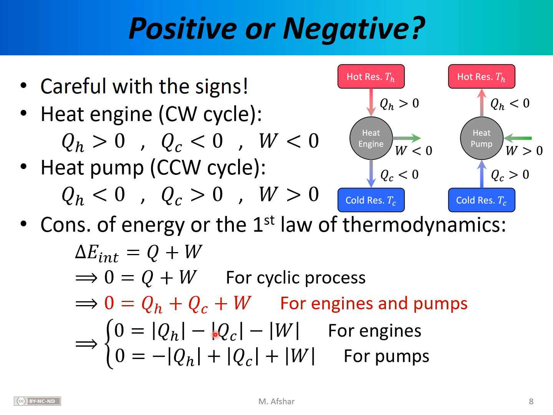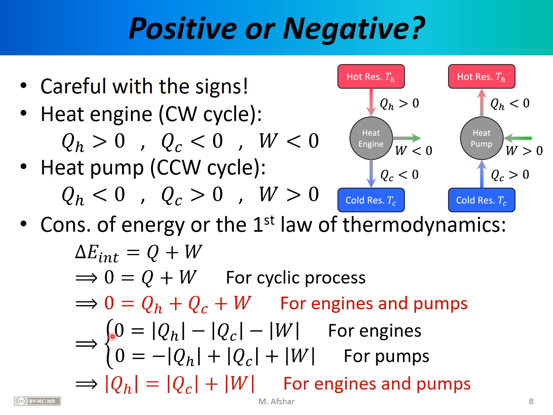But of course, if you look carefully at these equations, you'll see that the bottom one is simply the negative of the top one. So you can rearrange these equations and say that whether you have an engine or a pump, the absolute value of QH is equal to the absolute value of QC plus the absolute value of W. So you can use either one of these two equations in red.